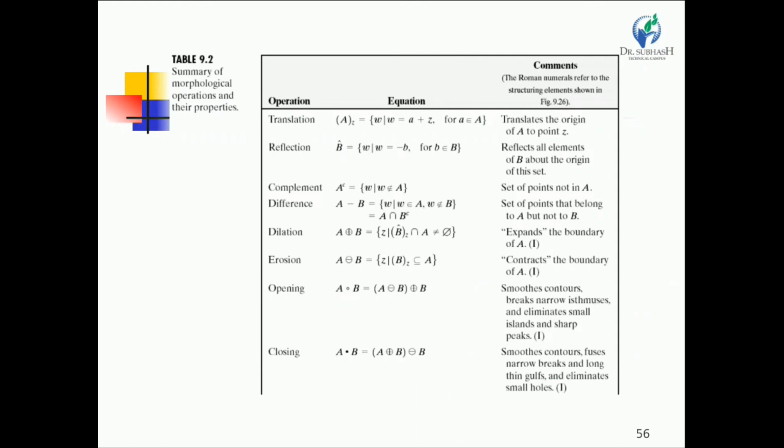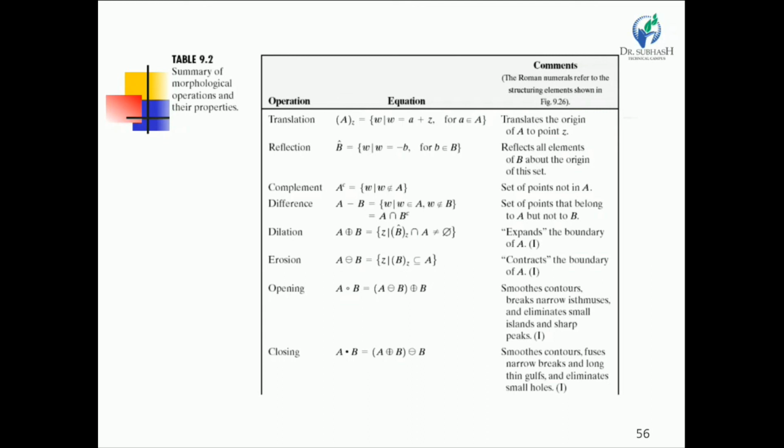So this is the summary of all the morphological operations and their properties. The first one is translation, the second one is reflection.